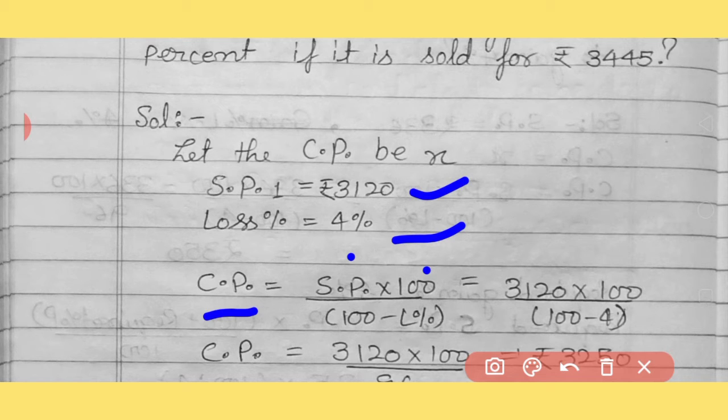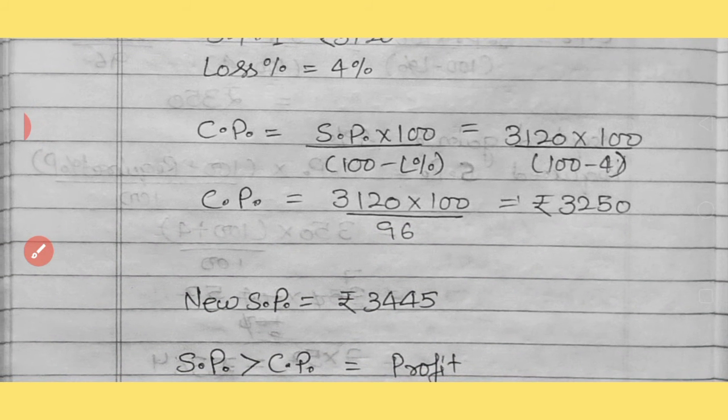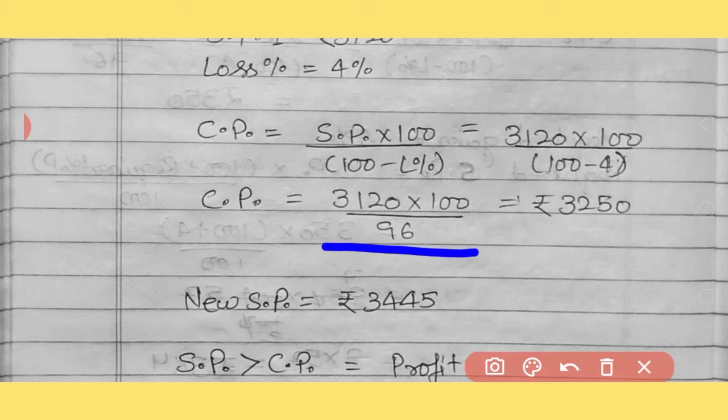So it became 3120 multiplying with 100 divided by 100 minus 4, that is 3120 multiplying with 100 divided by 96. After the multiplication and division, we have got 3250 rupees is the CP of the object, and the object is now sold for rupees 3445.